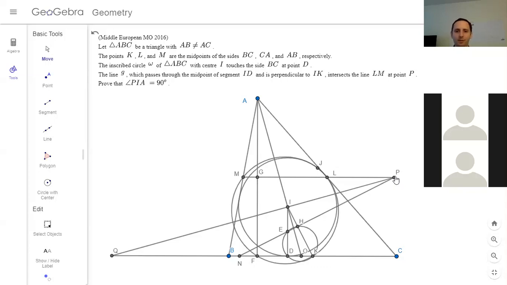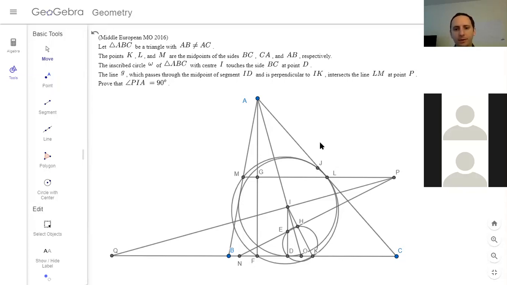So you're drawing the perpendicular from E to IK. Maybe we could use the IM lemma somehow.